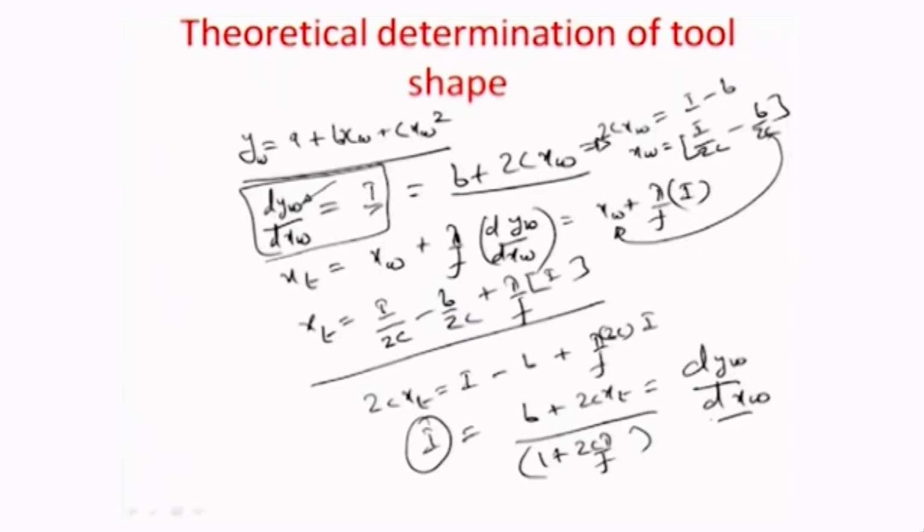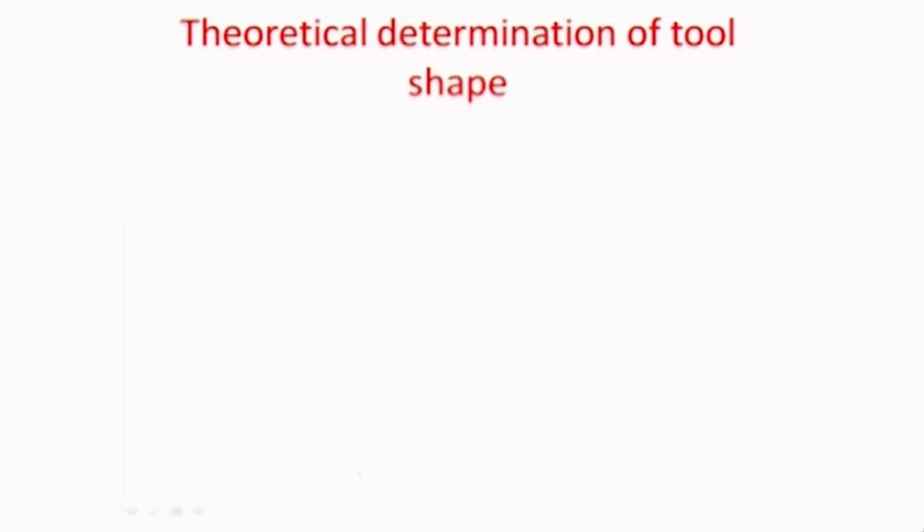If I represent this I back into the formulation for y, you already know that yt in this particular case is related to xt as yt equal to phi of xt minus lambda by f times I, minus lambda by f.